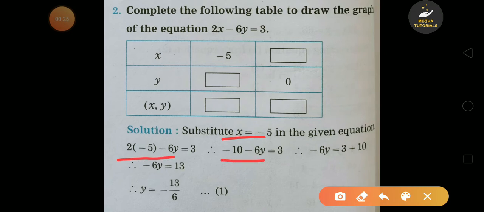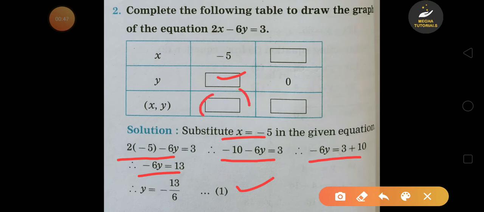So the equation is minus 10 minus 6y is equal to 3. Then using transposition you will get minus 6y is equal to 3 plus 10. So you will get minus 6y is equal to 13, and then using transposition you will get y is equal to minus 13 upon 6. So here y is equal to minus 13 upon 6, and in this bracket minus 5 comma minus 13 upon 6.